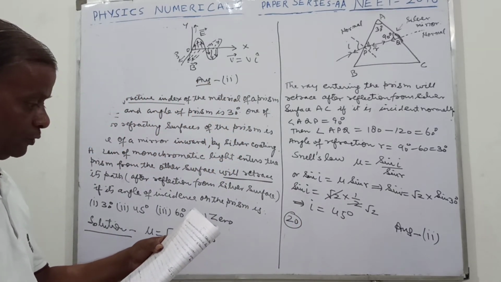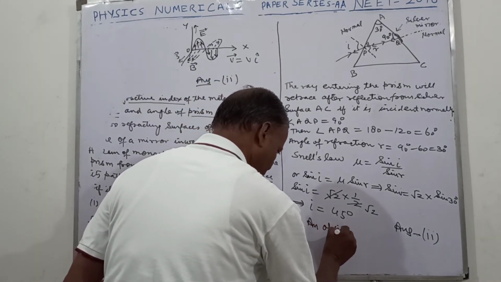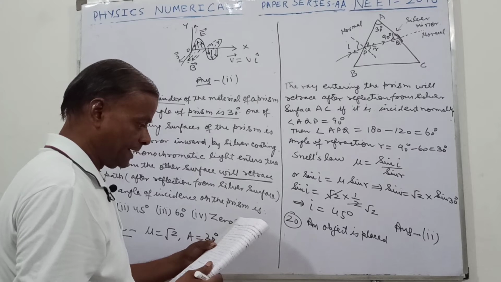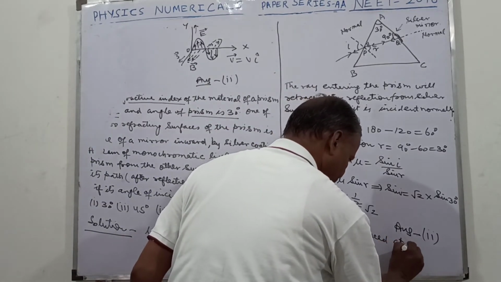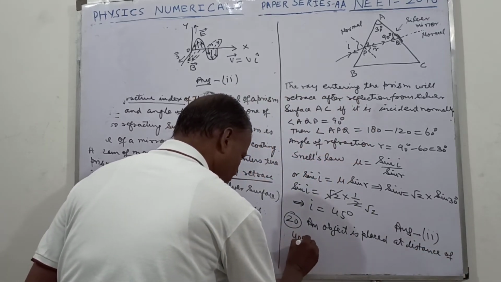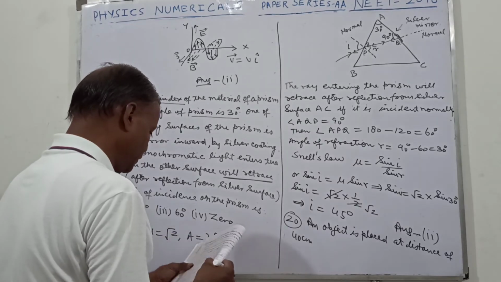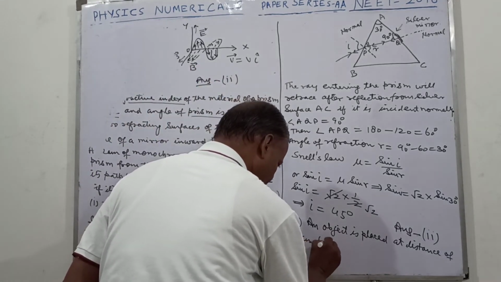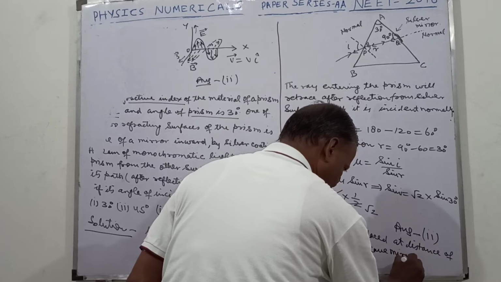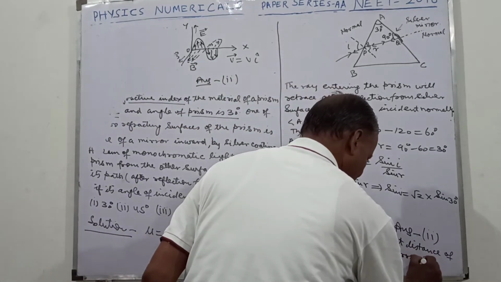Now question 20 is: an object is placed at a distance of 40 centimeter from a concave mirror of focal length 15 centimeter.